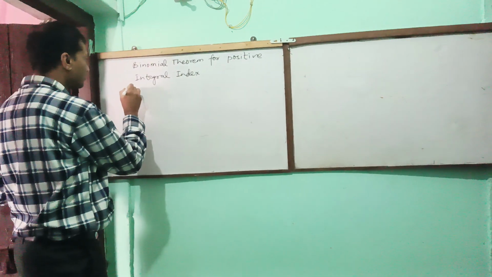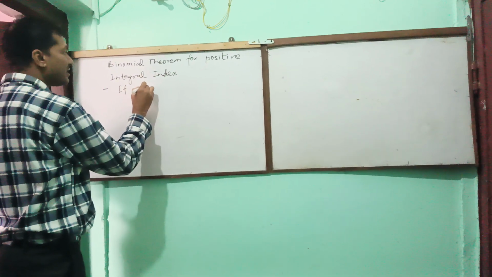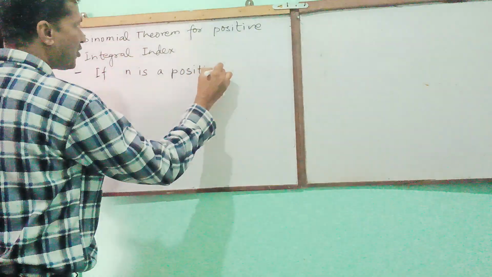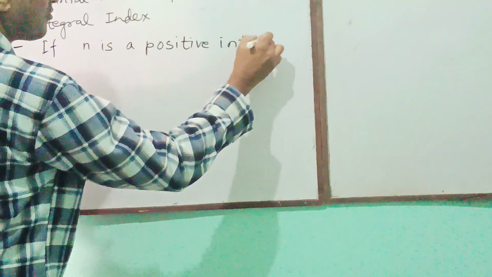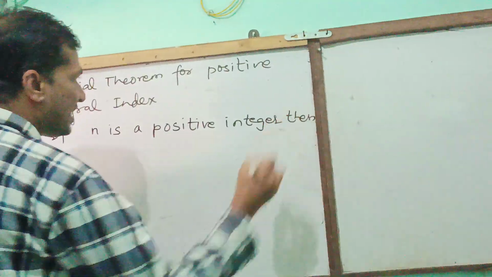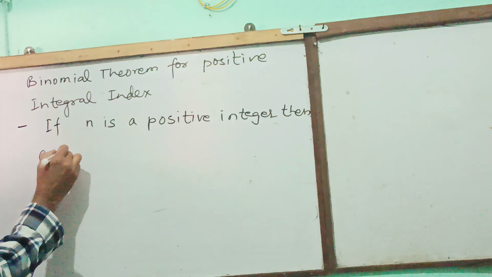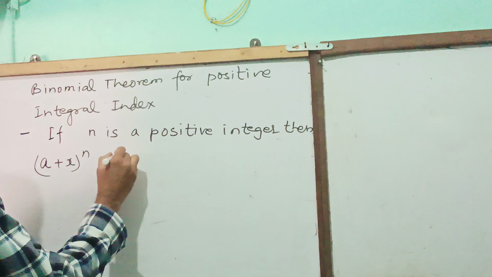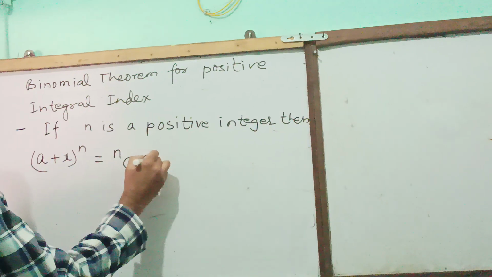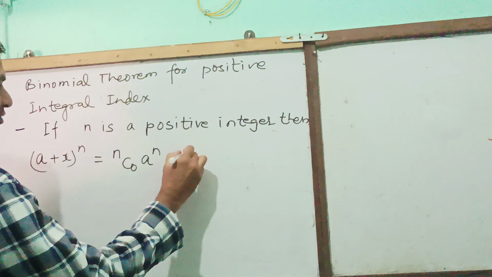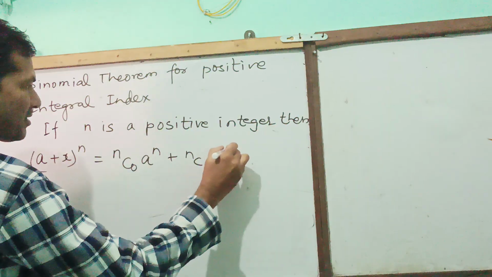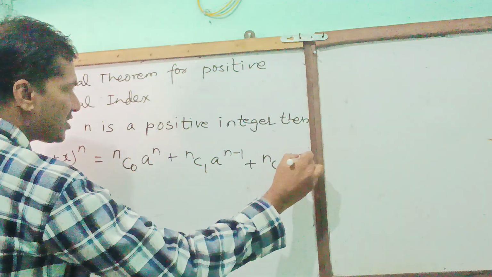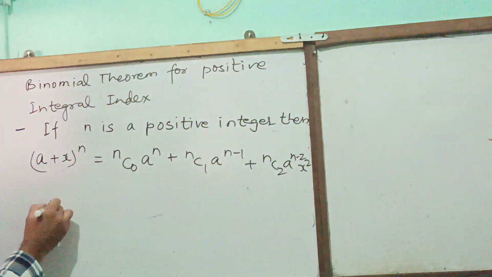Over here, if n is a positive integer, then (a + x) to the power n is equal to nC0 a to the power n plus nC1 a to the power n minus 1 x plus nC2 a to the power n minus 2 x to the power 2 plus so on.